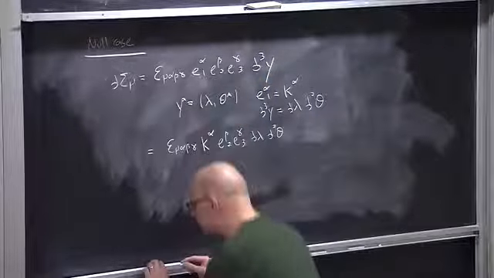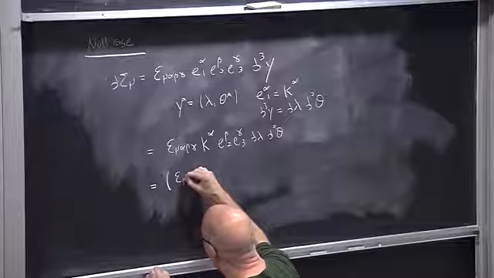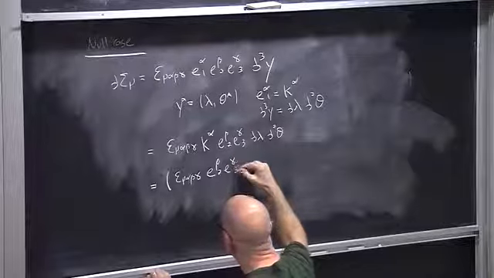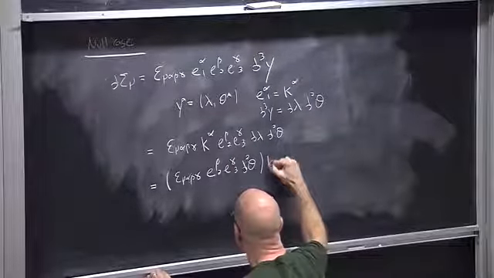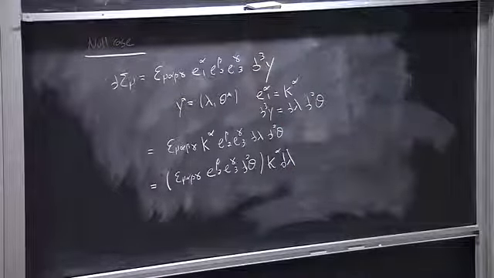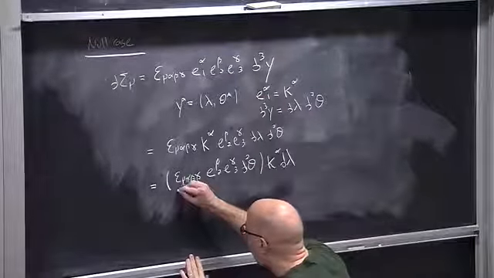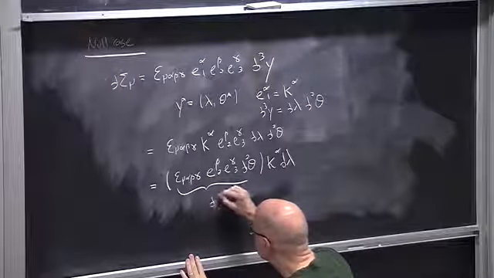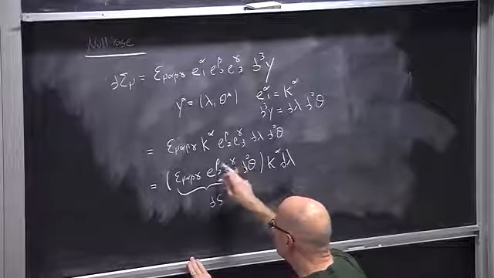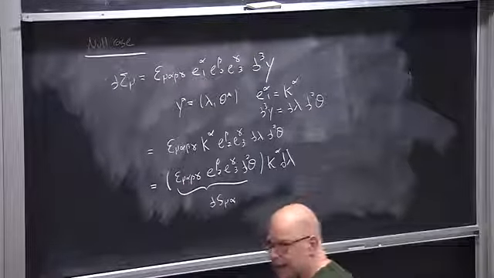I just want to package it a little bit differently. I'm just going to rewrite it as that. And I'll introduce a notation for all of this. What we see is that I've contracted two of the indices, but I left mu and alpha free. So I'm going to write it as that.